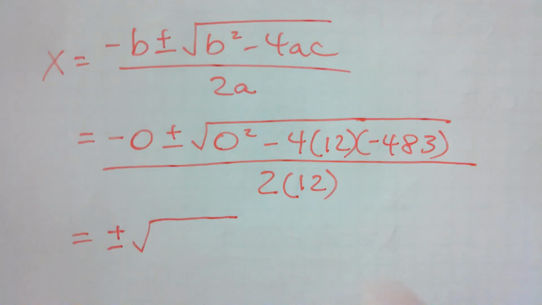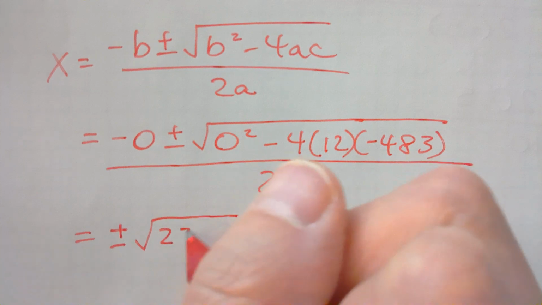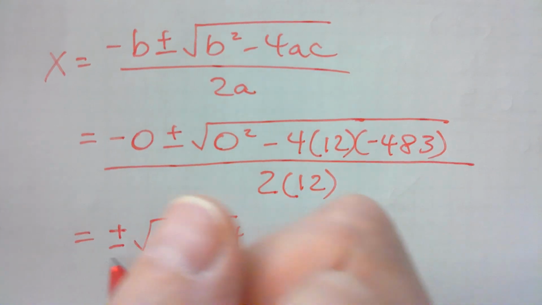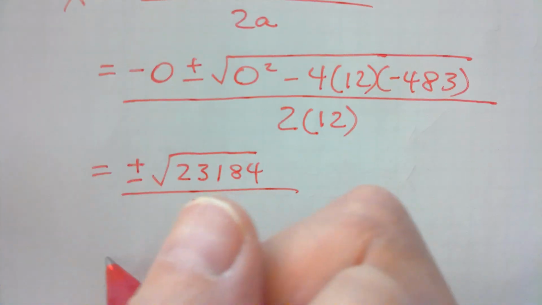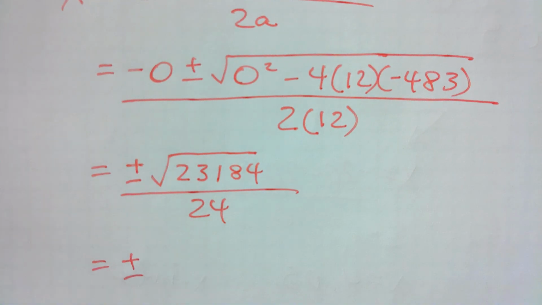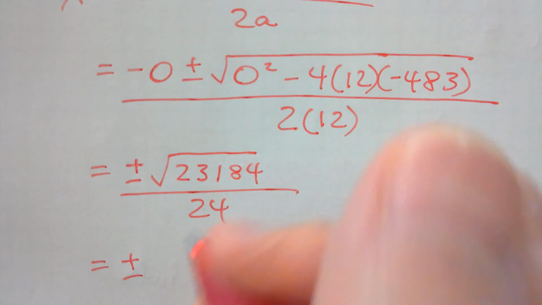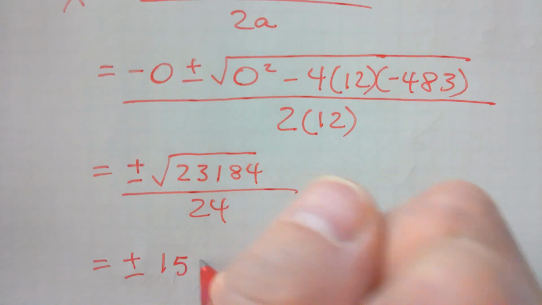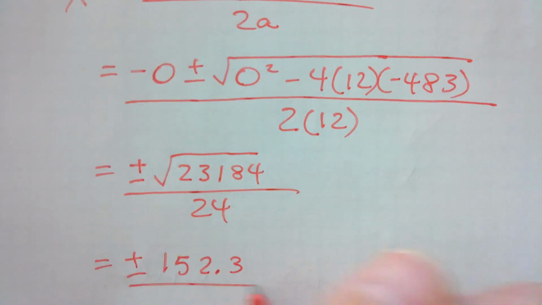Square root, when you multiply all these together, negative 4 times 12 times negative 483, 23184 over 24. So plus or minus 152.3.